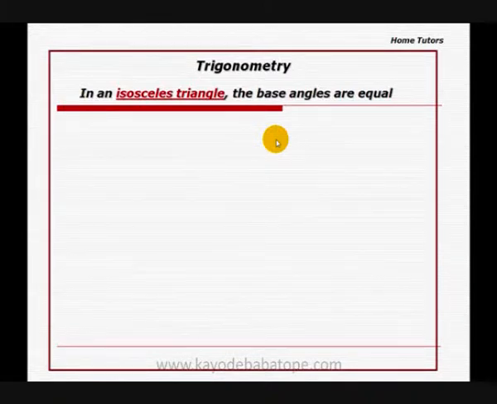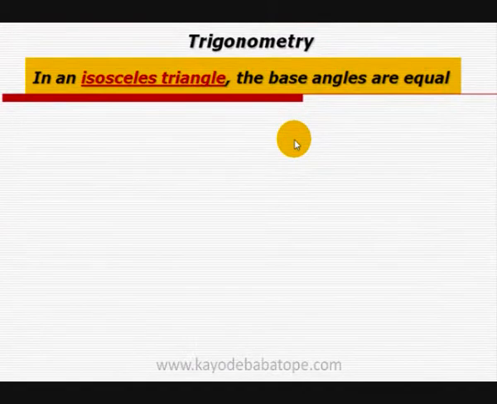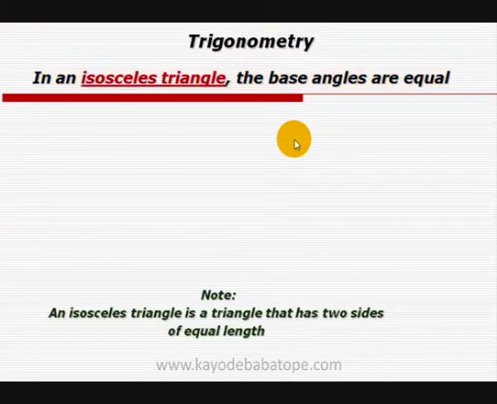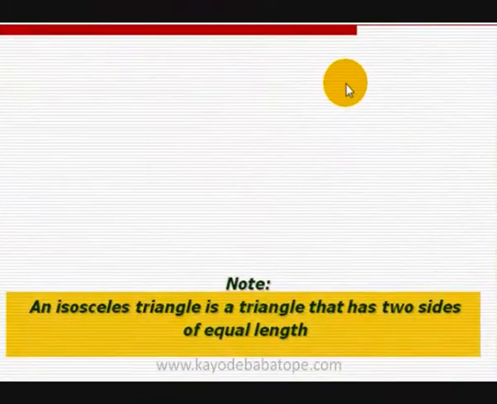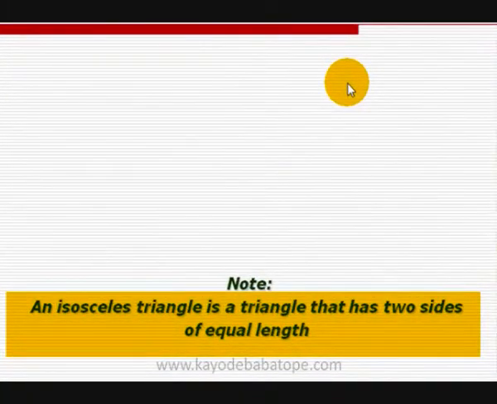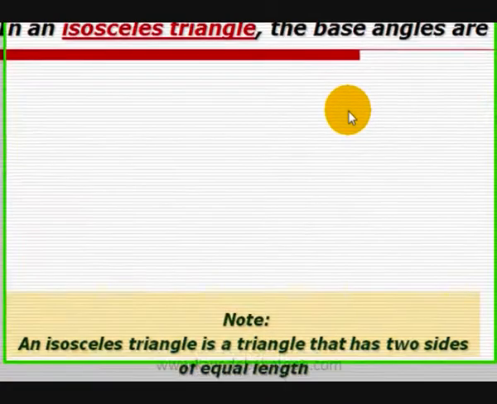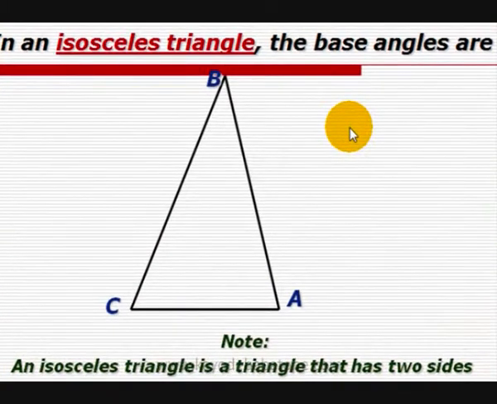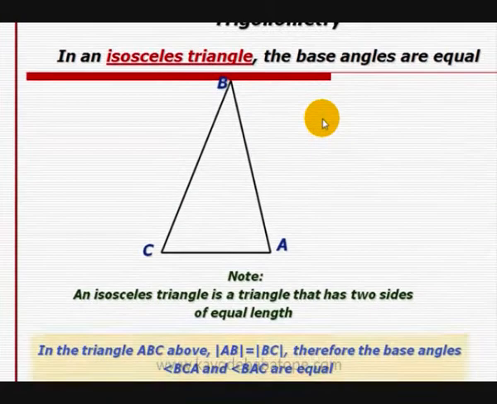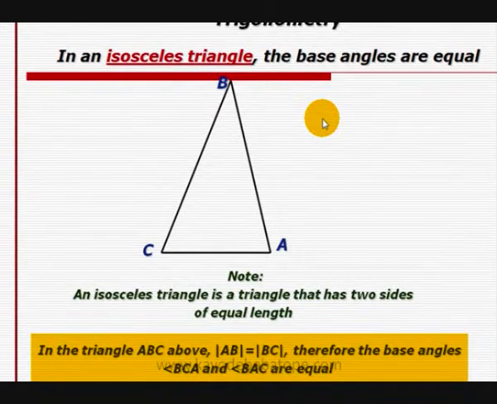Another point you need to remember is that in an isosceles triangle, the base angles are equal. What is an isosceles triangle? An isosceles triangle is a triangle that has two of its sides of equal length. As you can see on the screen, we have a triangle ABC where AB equals BC in length.